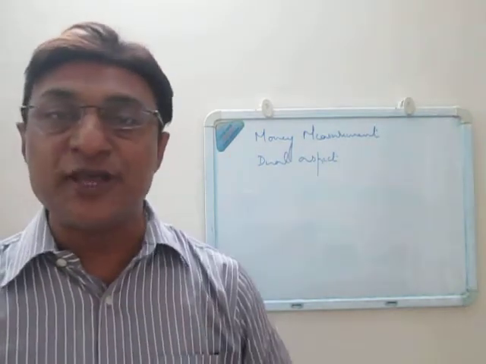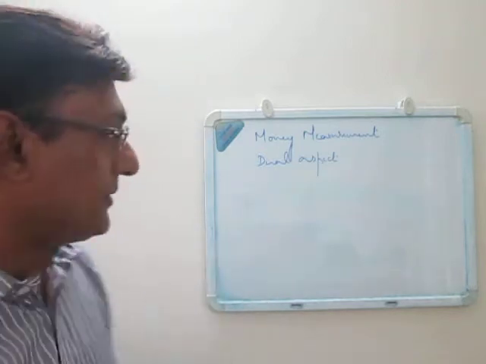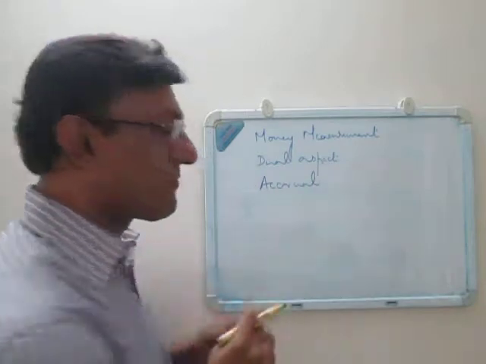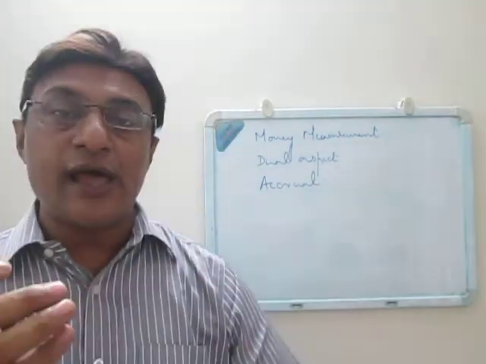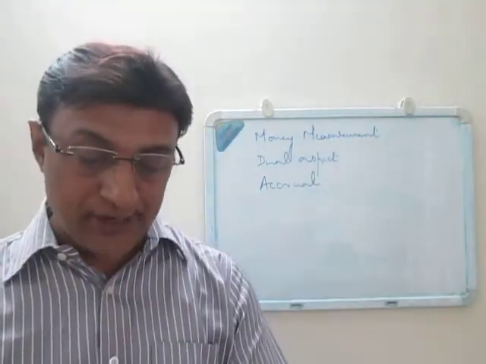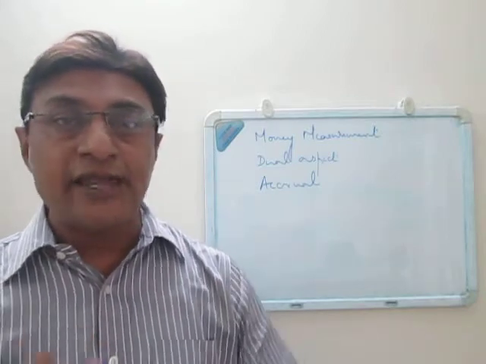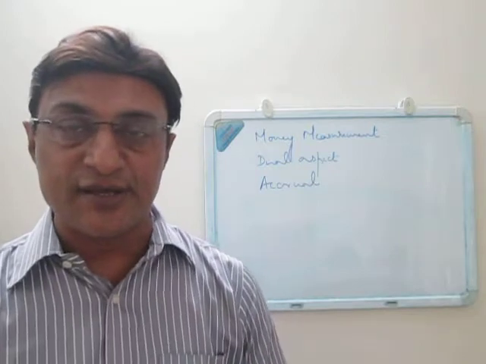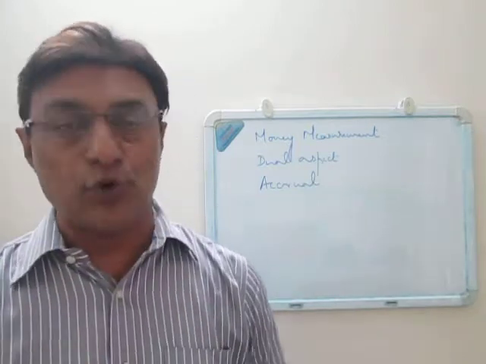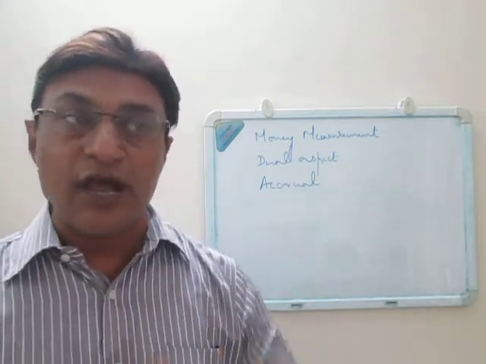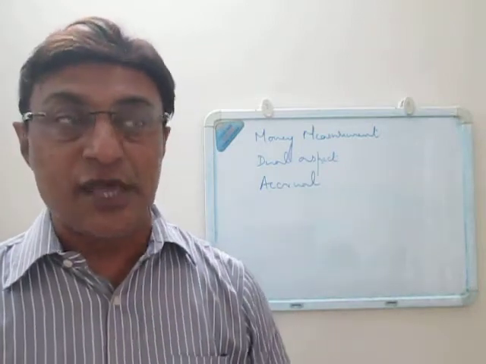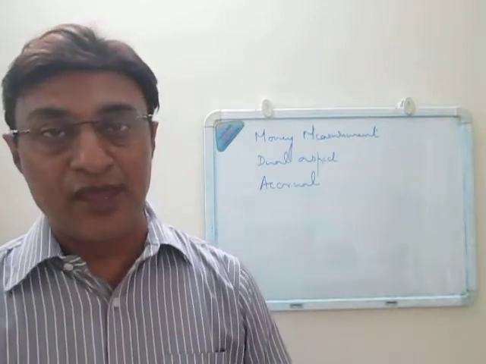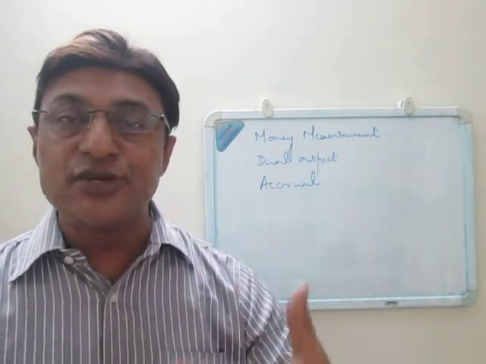The third aspect was the accrual concept. Since we are accounting transactions for an accounting period, and the business is a continuous process. For example, if it is a manufacturing concern, you continuously purchase input, make payments for them, convert them into the finished products, pay wages for the purpose of that, incur overhead expenditure, and finally these finished goods are sold.